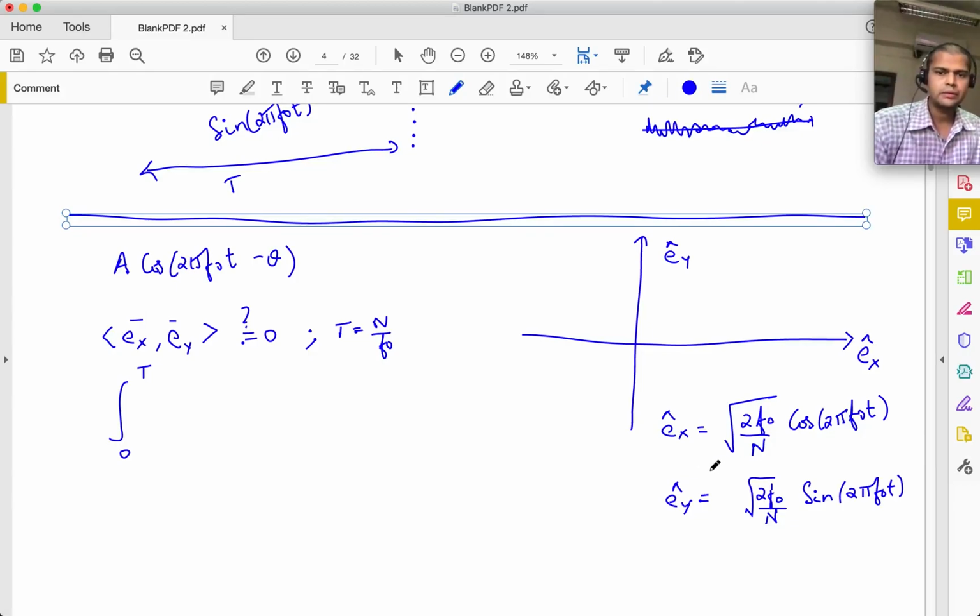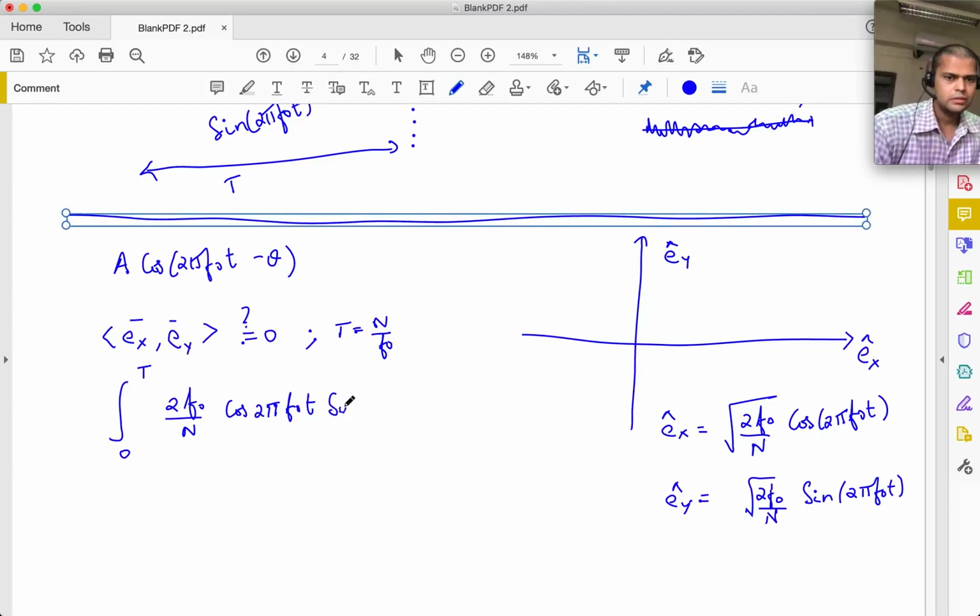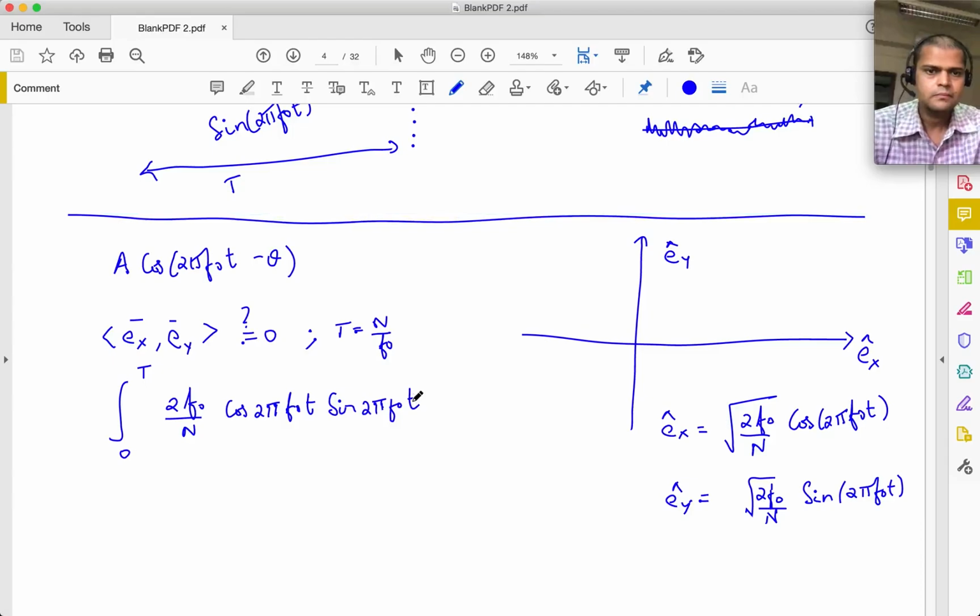So we end up with the integral of 2f0 by n, cos 2 pi f0 t, sine 2 pi f0 t, dt.